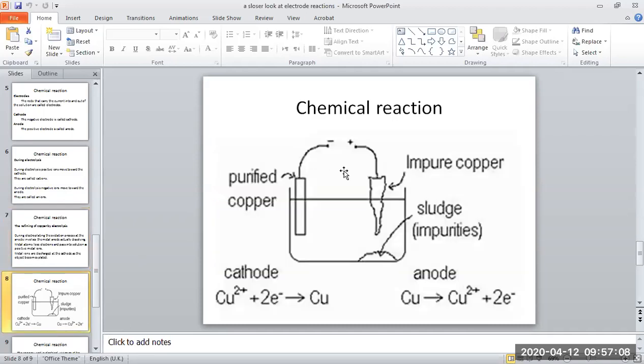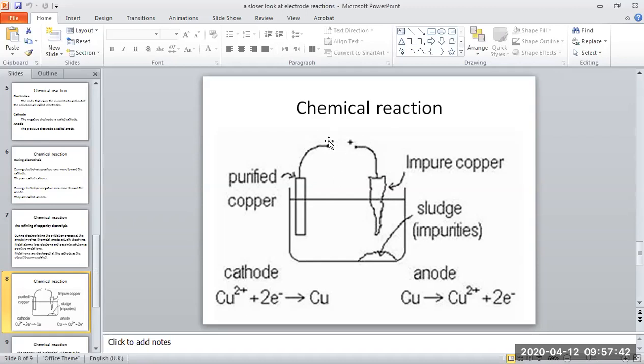And then here is how we purify copper. Here is the solution, and pure copper, 99.99% copper, is deposited here, and all the impurities are left behind at the bottom.